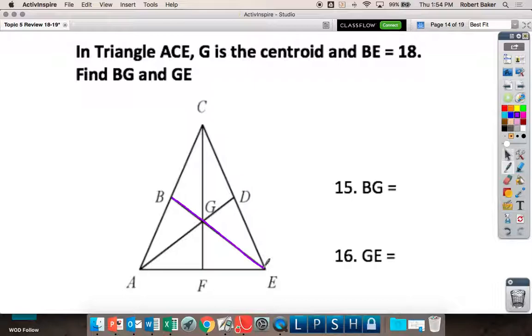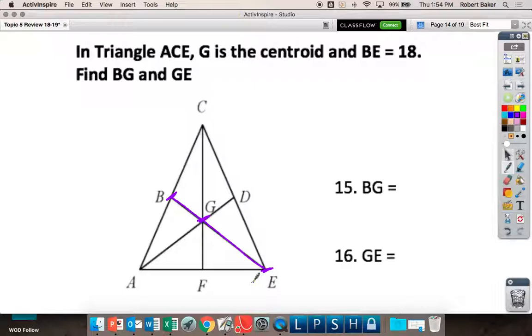Well, I want to know how long is this piece, and I want to know how long is this piece. If the whole thing, not divided by 2, divided by 3, because the short piece is 1/3 of the whole line. That's on your cheat sheet. All right.